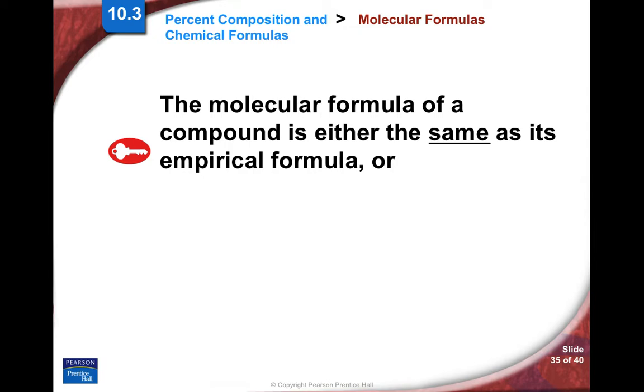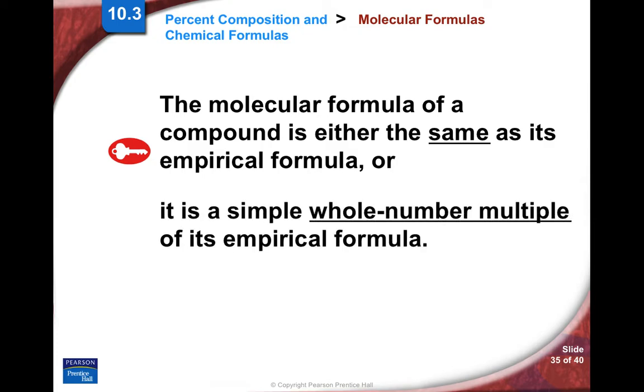It's going to be some multiple of the empirical formula. It might be the empirical formula's value. It could be 2 times it, 3 times it, 4 times it. Usually it's not more than 5. And again, it's going to be a whole number multiple of the empirical formula.